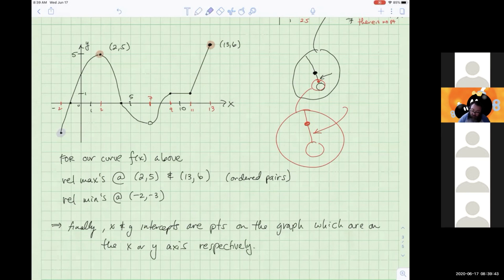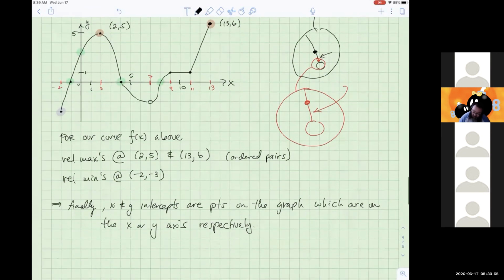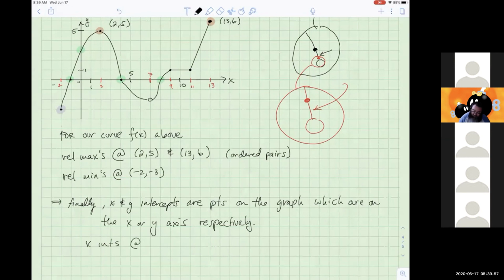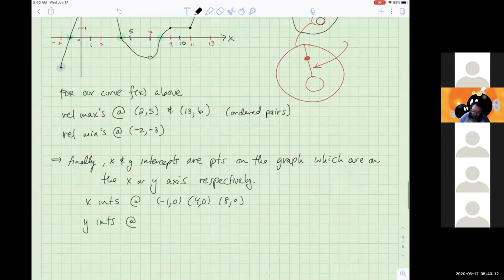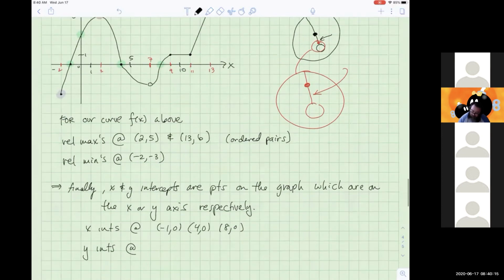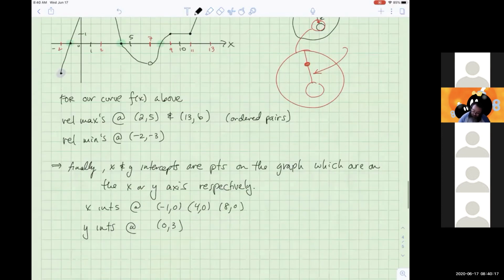So for us in this particular case, we hit an axis there, there, there, and there. And so those are our x and y intercepts. And so we have x intercepts at -1, 0, 4, 0, and 8, 0. And we have y-intercepts at 0, 3.